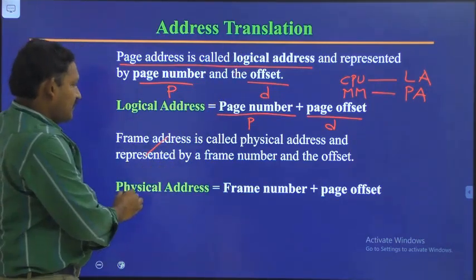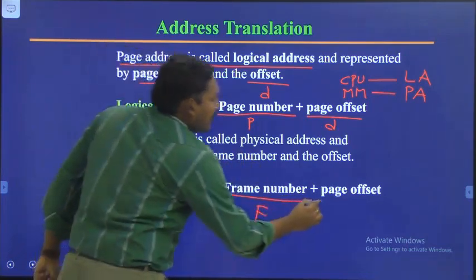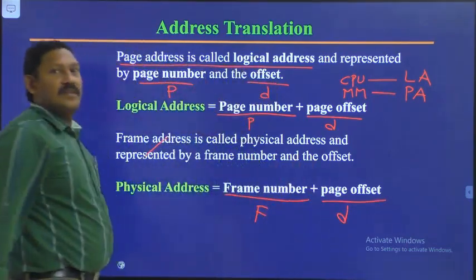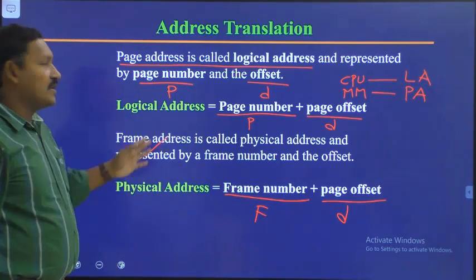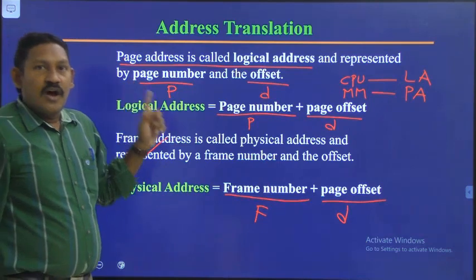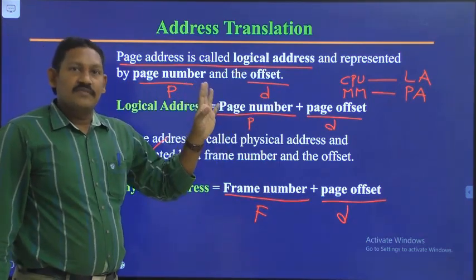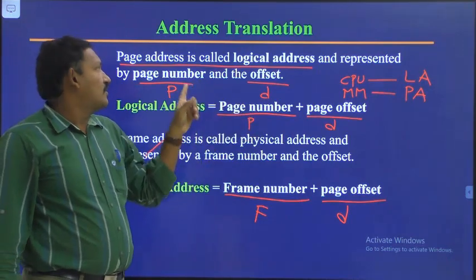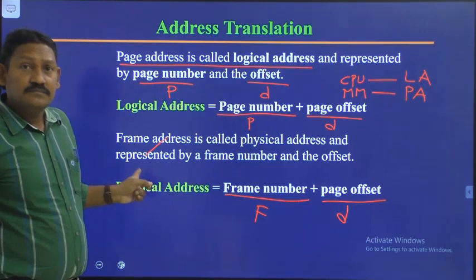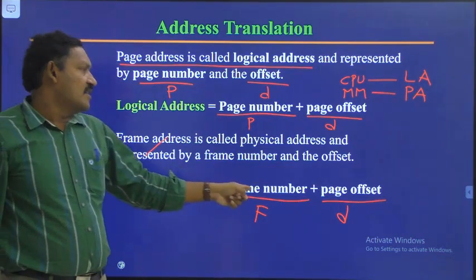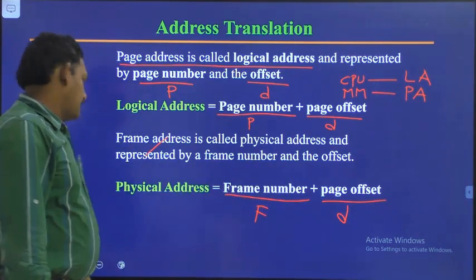So see, physical address consists of frame number F, page offset D. So logical address is specified with page number and page offset value, P and D. Similarly, physical address is specified with frame number F and offset value D.